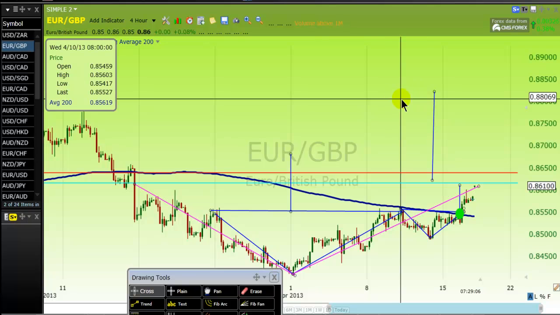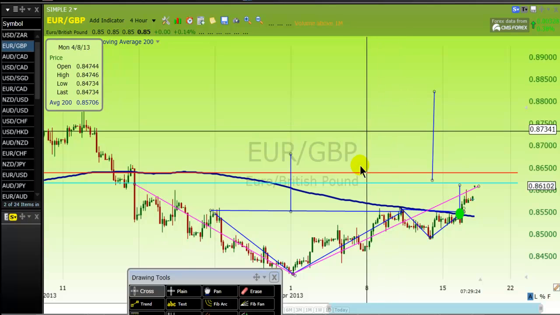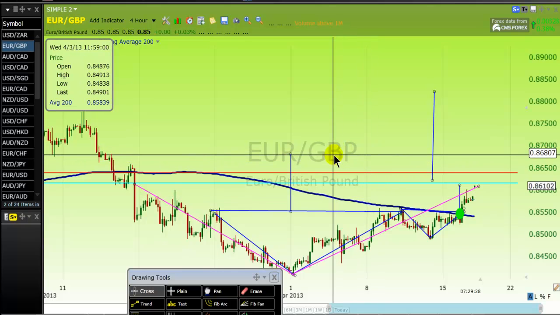So roughly, you say, okay, there's a target in a zone. I'll call it a conservative target, 800. So I just take a piece of paper and note it down: possibility that the price may go to the 800 zone. Then I will note this one also down: possibility that the price may go in the zone of, I'll just call it 8700.